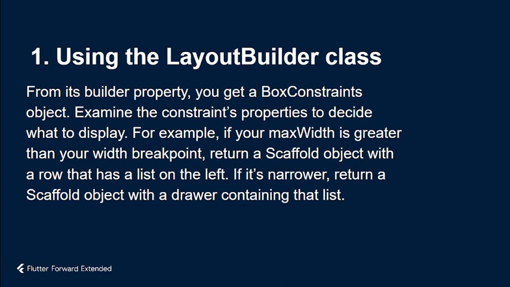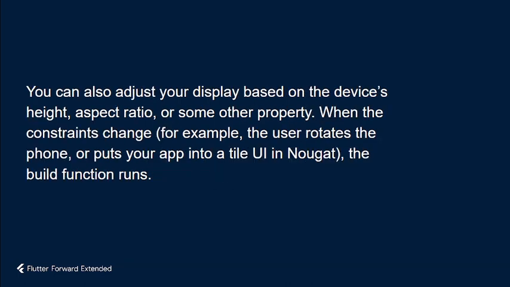So you already have all these things in place, but depending on how the screen is resized, you'll be able to switch and show the appropriate component or widget that fits the screen size at that particular moment.